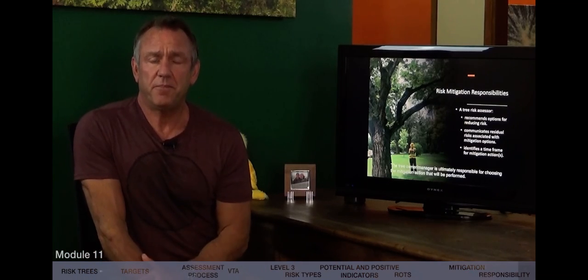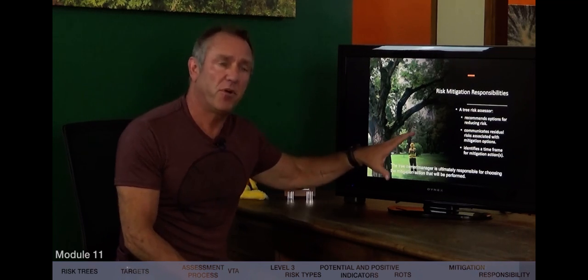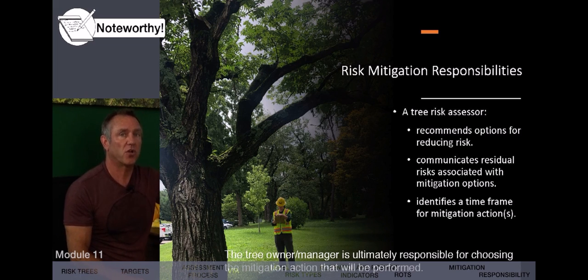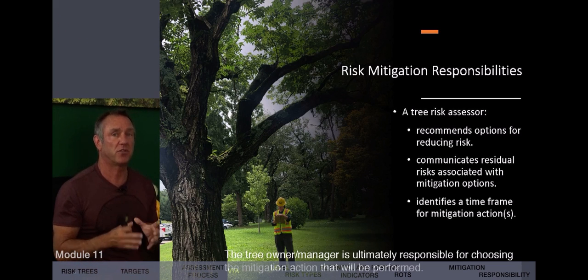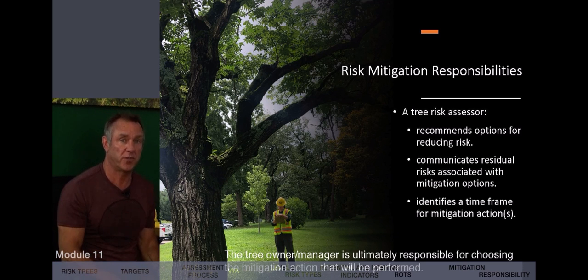So kind of finishing up this module, some risk mitigation responsibilities, very important to remember. The tree risk assessor recommends the risk and they're responsible for communicating it to the tree owner or client. It's up to the client to decide what to do with those options. So you're the messenger, it's up to them to decide what they do with that message.